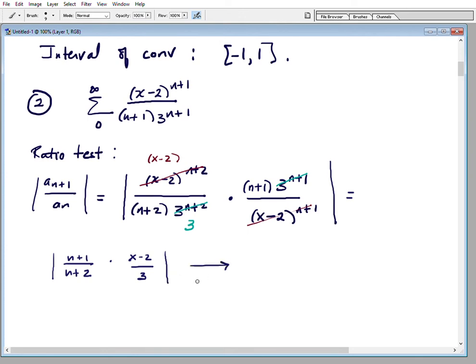And now we're ready to take the limit as n goes to infinity. Okay, I think it's easy to see that this goes to 1. Just divide top and bottom by n, and that's how you show that. All right, so here the limit is this.